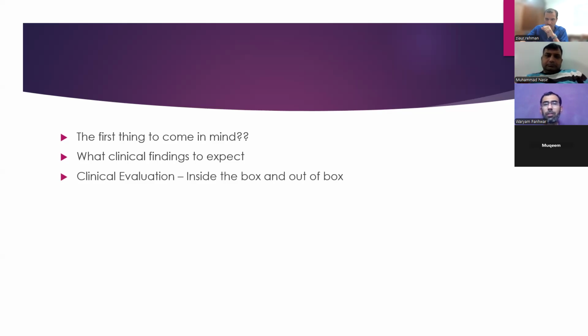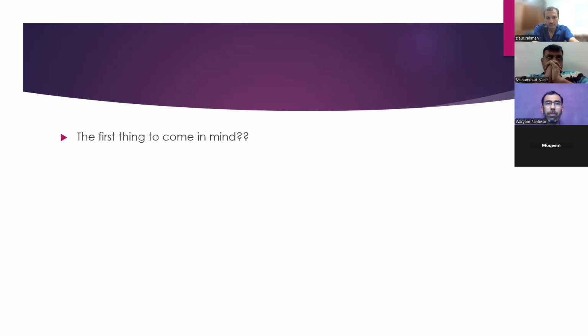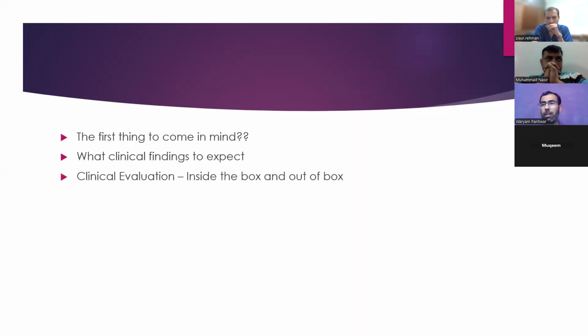In clinical evaluation, we have to look inside the box and outside of the box. The patient's age is 60 years. So the venous problem is obviously the major thing, but we also have to look for other causes such as peripheral arterial disease.